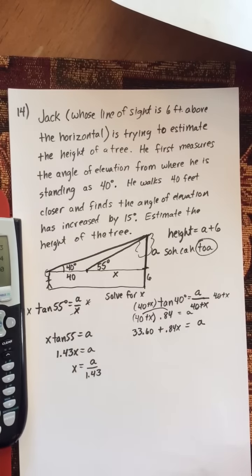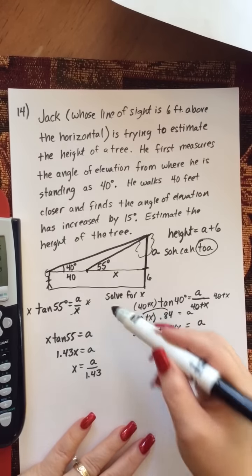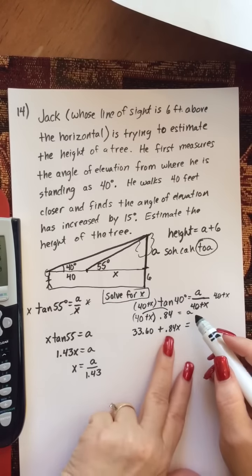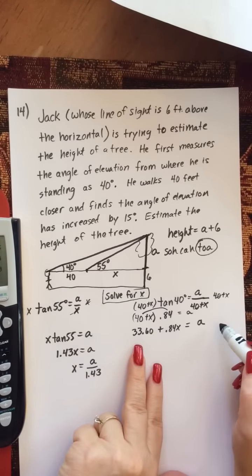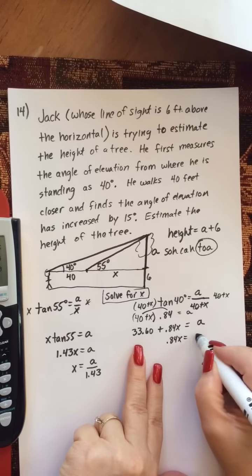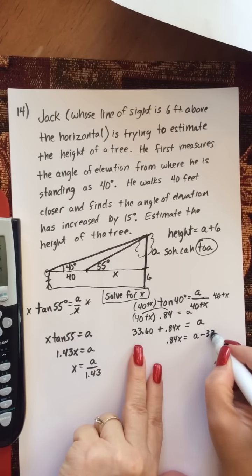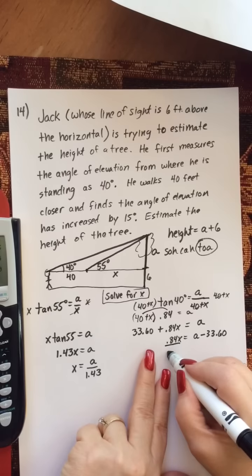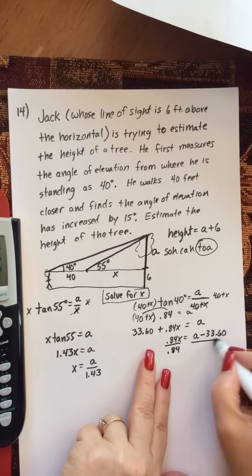All right? And then if I'm trying to solve for x, remember I said I was going to solve for x first, okay? So if I was trying to get x by itself, I would scoot 33.60 over here. So I get 0.84x is equal to a minus 33.60. And then if I'm trying to solve for x here, I divide both sides by 0.84.